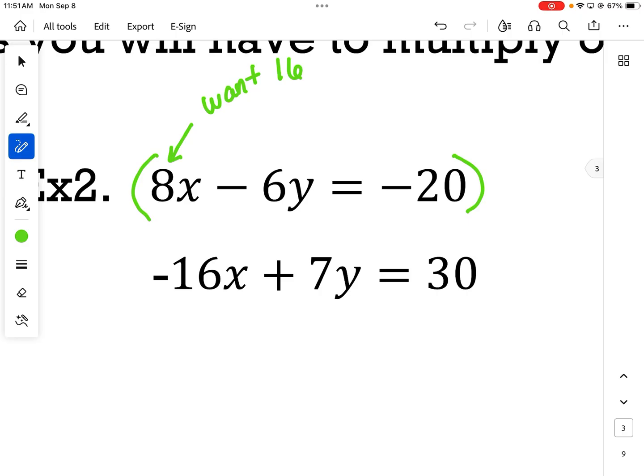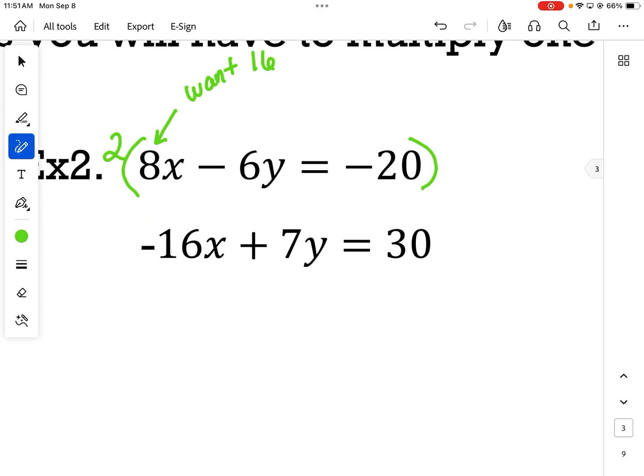This one's a negative 16. So all I would have to do is multiply it times 2. So I'm going to do that, and I'm going to bring it down here. So 2 times 8 is 16x. I also need to multiply it times the negative 6 and the negative 20.